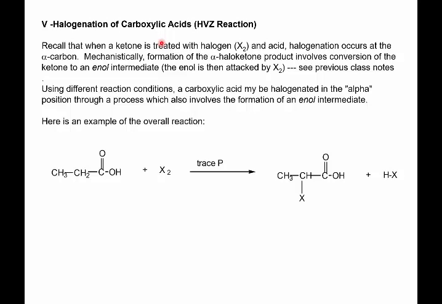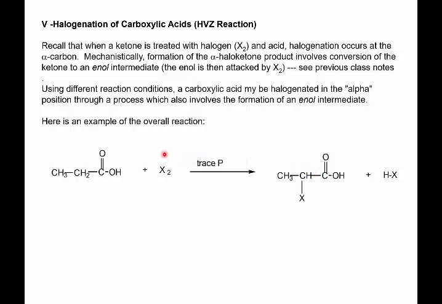And one uses either chlorine or bromine. You use a carboxylic acid mixed with either chlorine or bromine, a trace of phosphorus, and it effects alpha substitution on the alpha carbon. And it's a good reaction, goes in high yield.